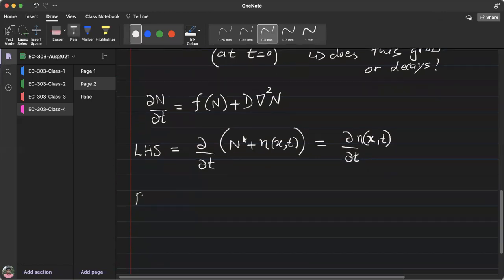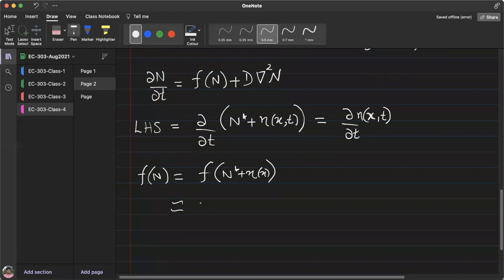Okay, what about the RHS? RHS has two terms. Let's do one by one. Let's do f of n. What is f of n? f of n star plus this perturbation. Again, let us use our fantastic tool, Taylor series.